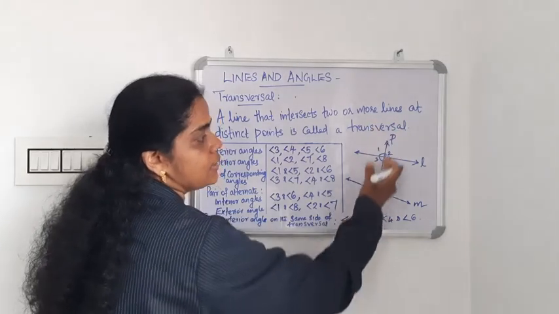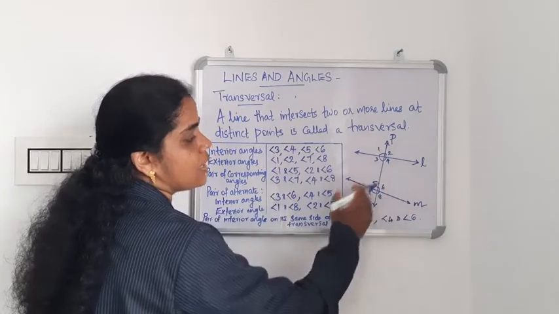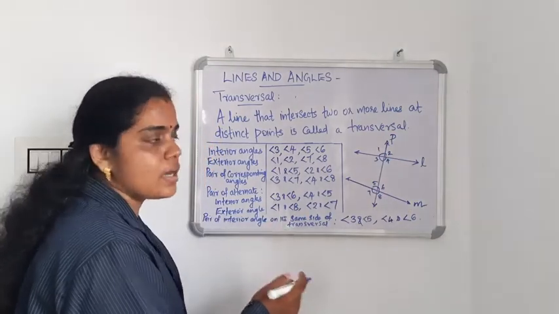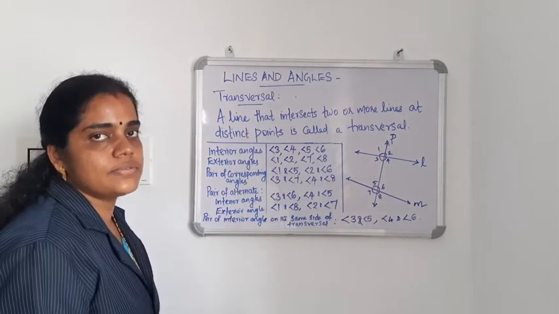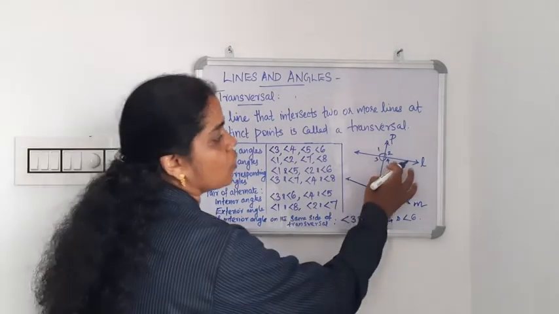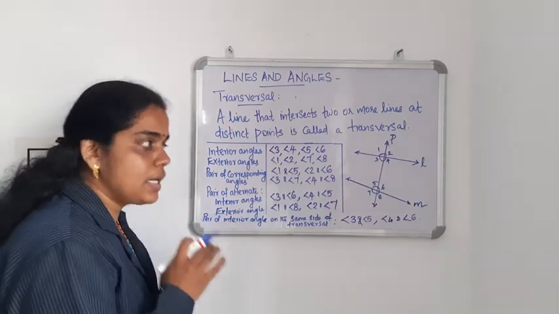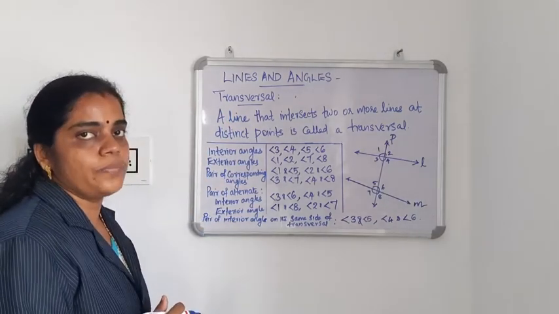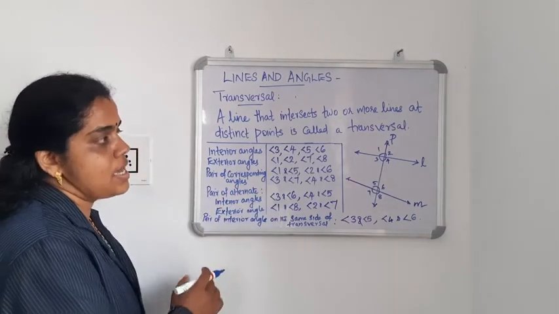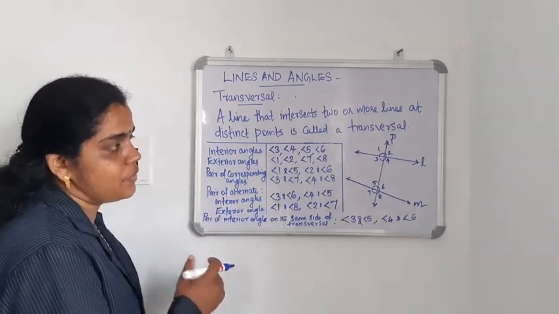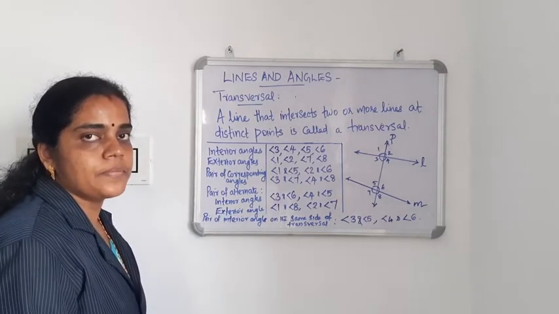Transversal means this line P. Same side, here or here. 3 and 5 are on the same side of the transversal, and 4 and 6 are on the same side of the transversal, but they are interior also. So I hope all of you understood these new terms, and we need this for doing problems also.